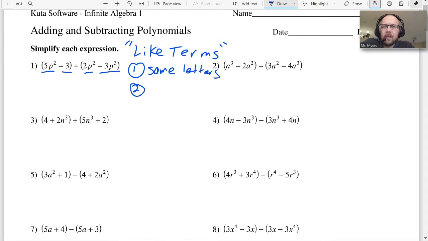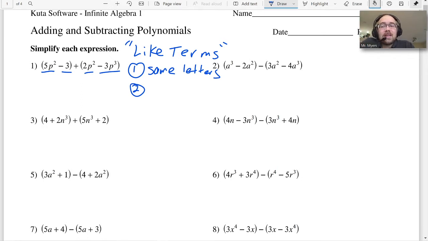So you might think, wait, if it has the same letters, wouldn't it be the same thing? Well, kind of. But if you look at 2p squared and minus 3p cubed, those both have the same letters. They both have p, exactly, and there's no other kind of letter. So the first thing, the same letters, is true.